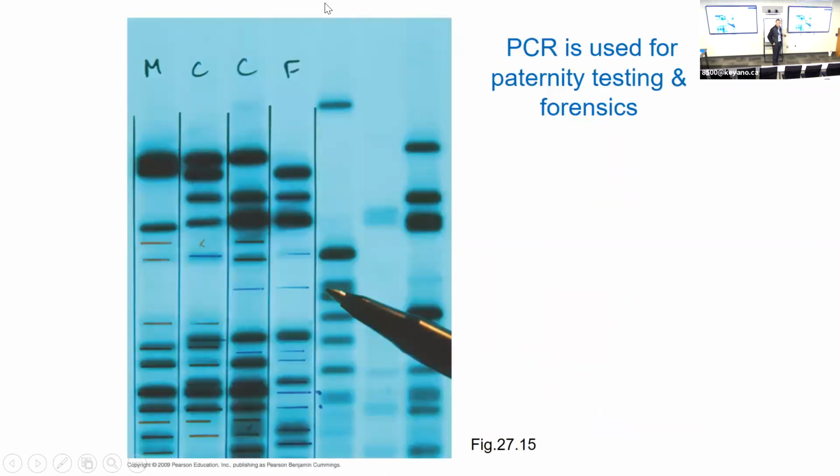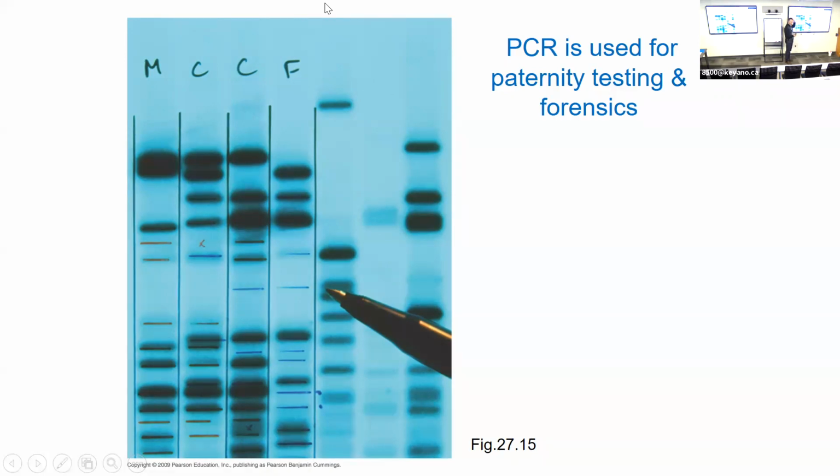I was just going to show you how some of these tests work. There's a variety of different methods. There's a lot of fluorescent methods now that are used for pathogen diagnostics, but classically we use these things called a gel. What you're looking at is actually mother, child, father.